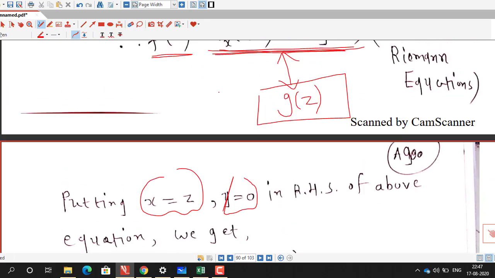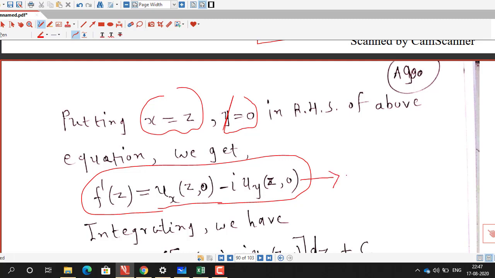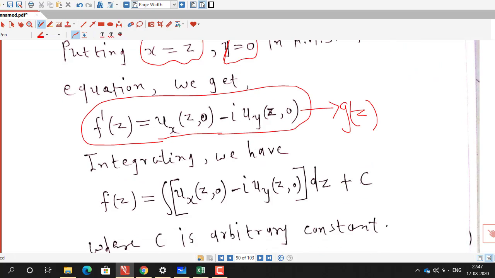We will get ∂u/∂x as a function of z and ∂u/∂y as a function of z. So the right hand side will be some function of z, say g(z), and then once f'(z) is written as a function of z, we have to integrate it with respect to z to find its value.